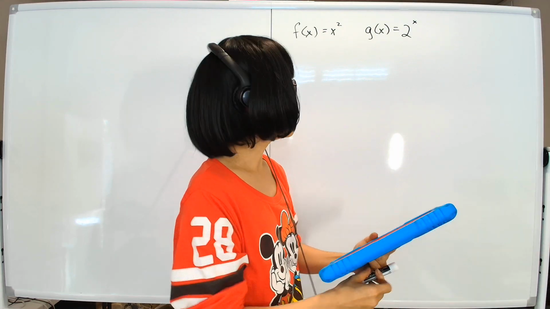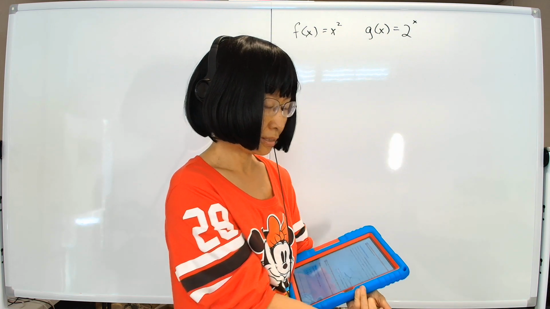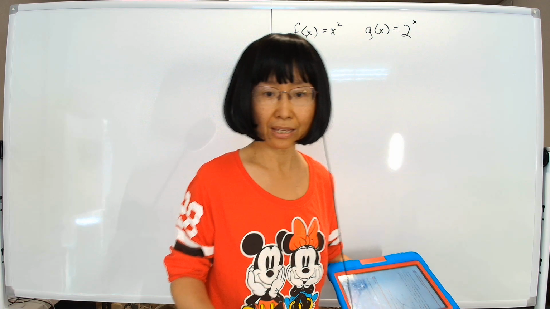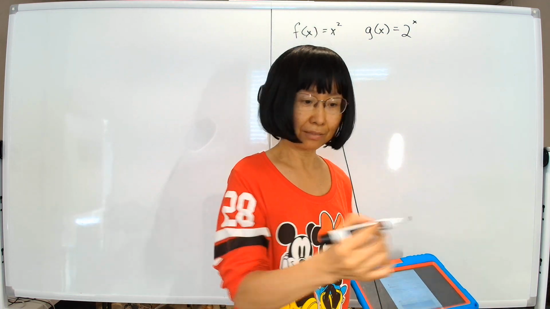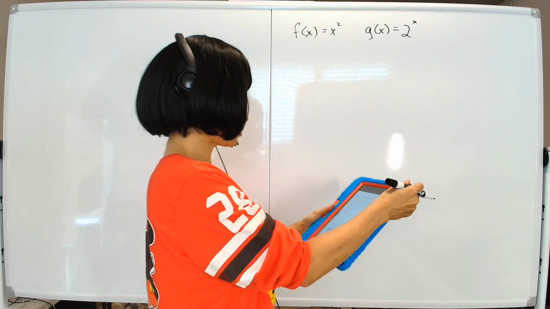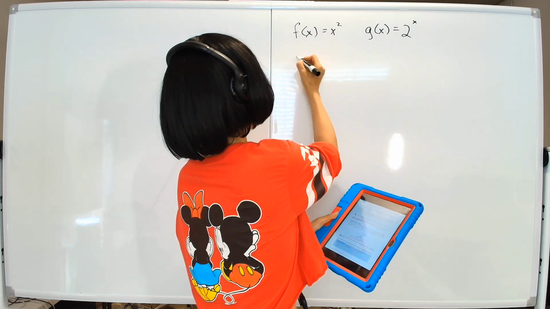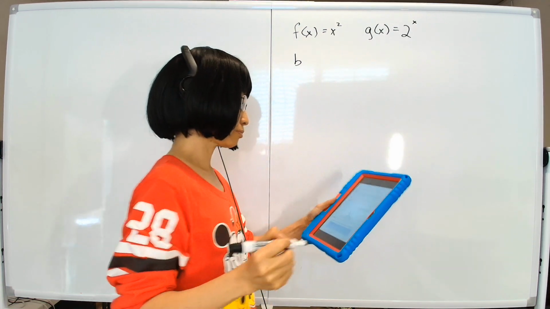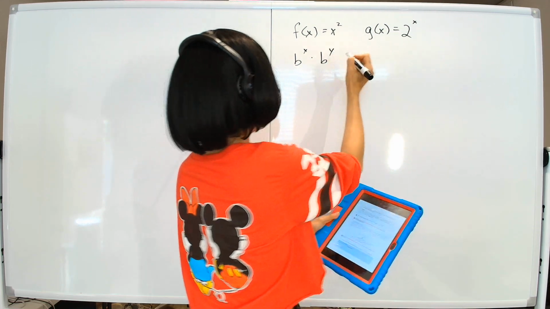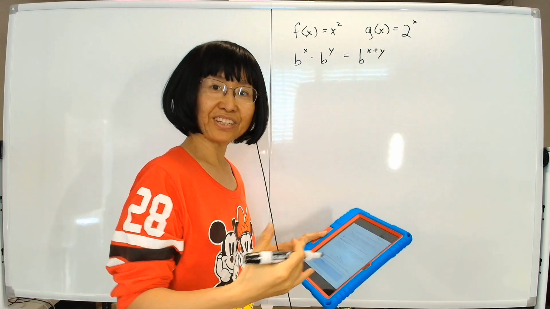The rules of exponents are identical to other algebraic rules, which you should memorize like the back of your hand. You should know that better than anything, really. So the rules of exponential functions: when you have two things multiplied together, b to the power x times b to the power y, the exponents add up, which is very convenient.